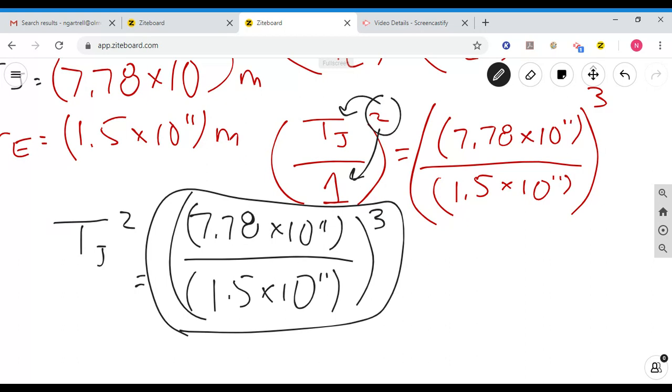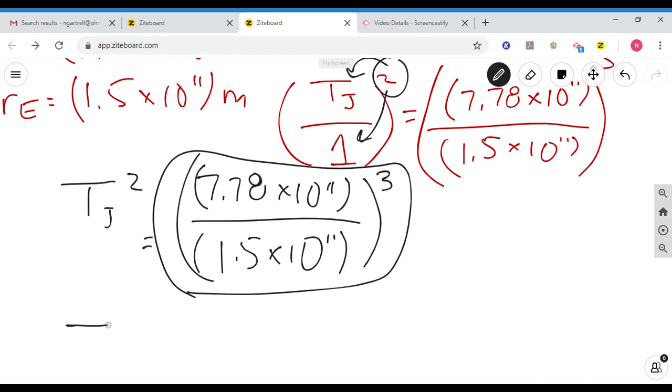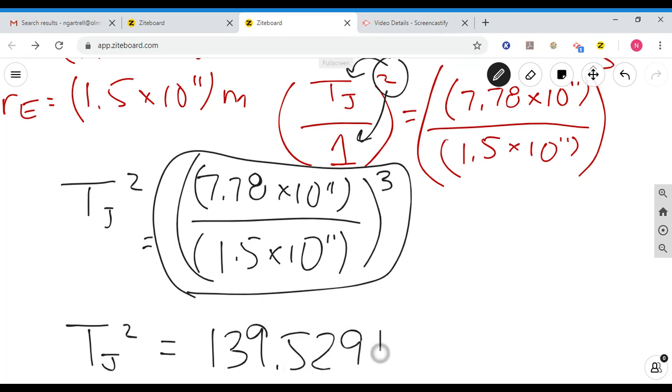All right, and what I got, so I have t sub j squared equals 139.5291171. If you're not getting these values, I would double check. Did you actually type in 11 or did you accidentally type in 1?